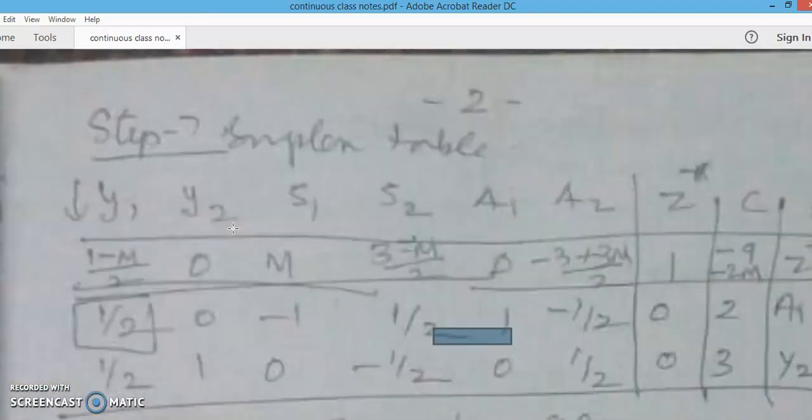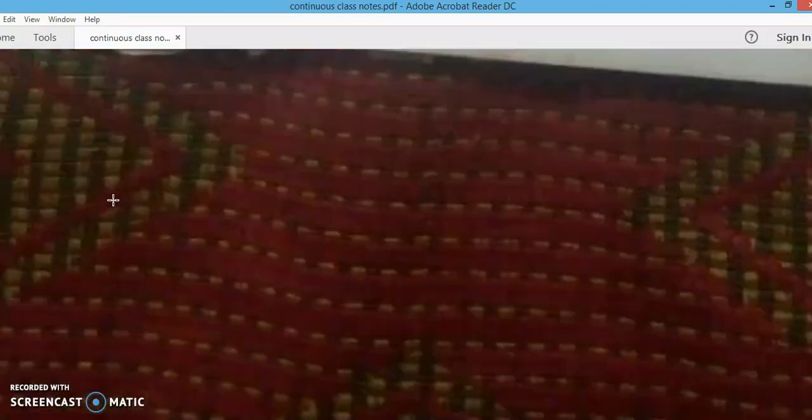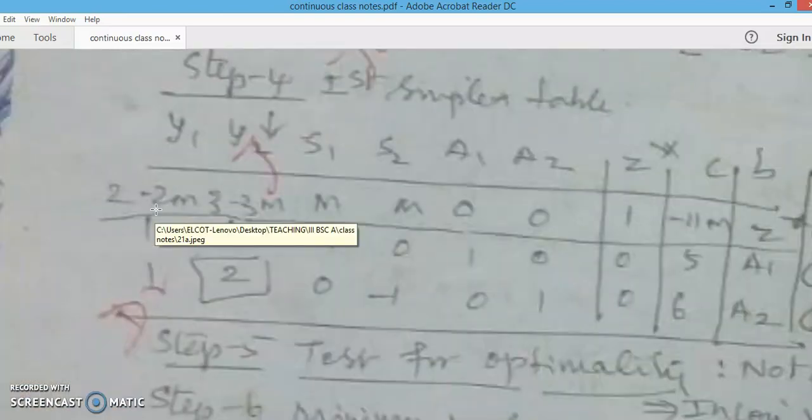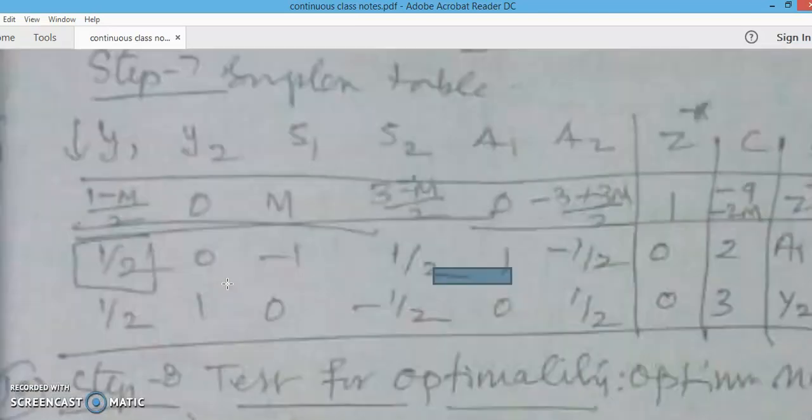Similarly, multiply this by -2 plus 3m, add with this, multiply this -3 plus 3m, and then add with this, you will get this term. Similarly, multiply all this -3 plus 3m, add with that first row, you will get this.